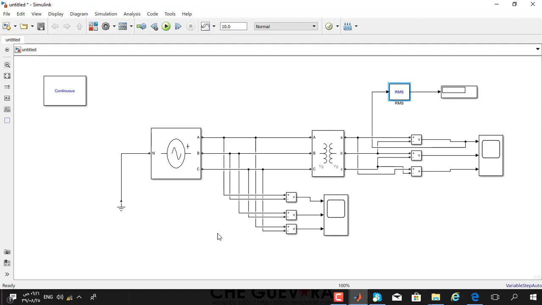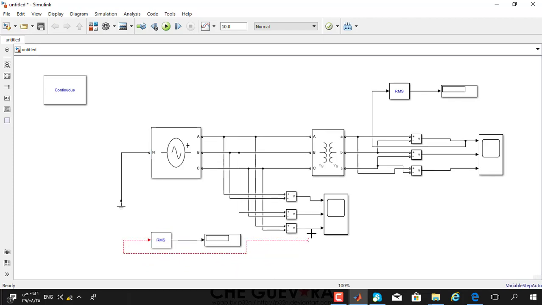Again, we do the same thing for the part which is before the transformer. We copy the display screen and the RMS, connect them, and before the scope.